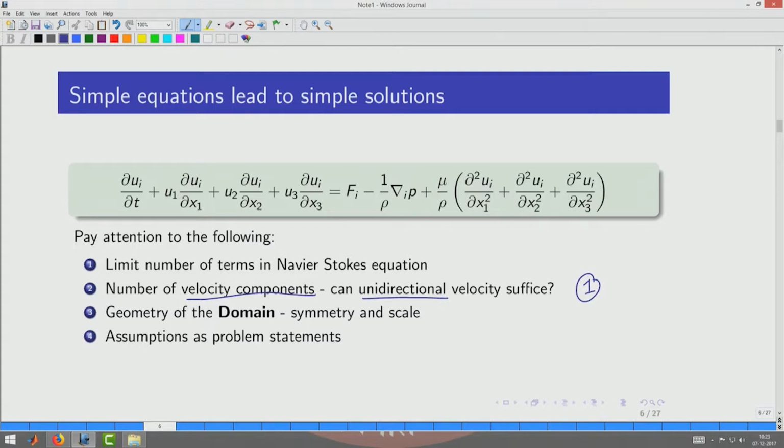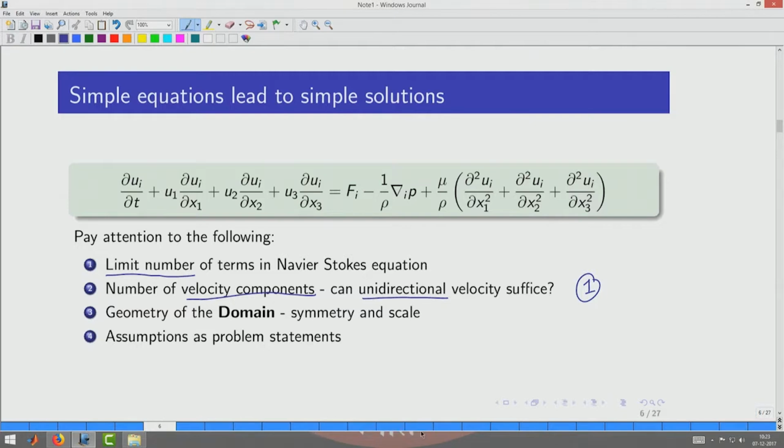Very often this is sufficient, and in situations where the cylindrical or spherical coordinate system is taken up, we can also change the coordinate system and still retain the unidirectional nature of the velocity profile. And instead of having so many terms playing a role, we can inspect if some of these terms can be dropped. So, we are also going to consciously see how we can limit the number of terms in the Navier-Stokes equation. And then the domain.